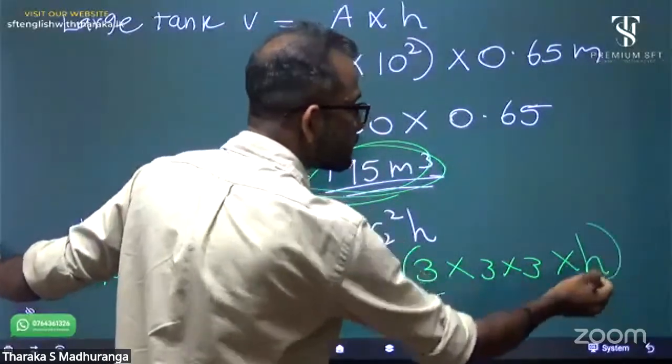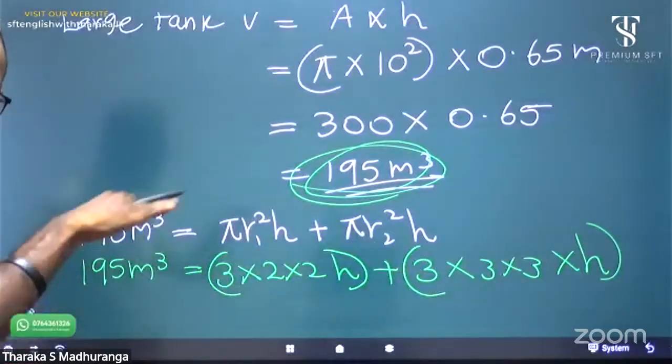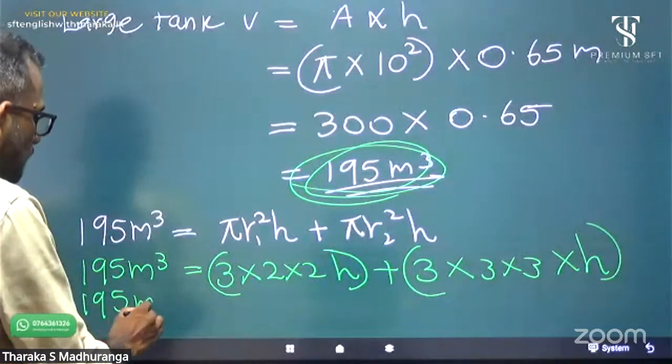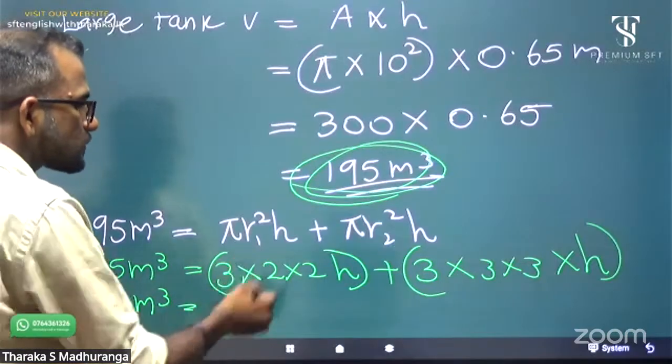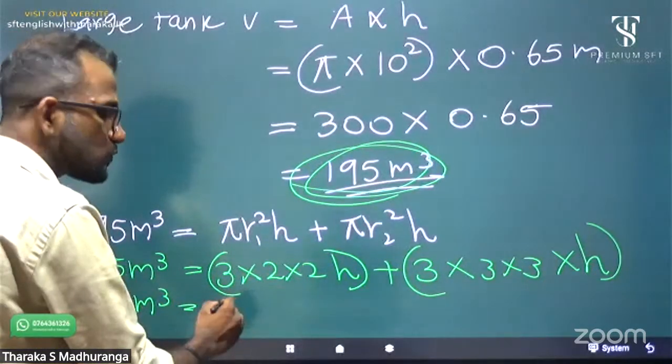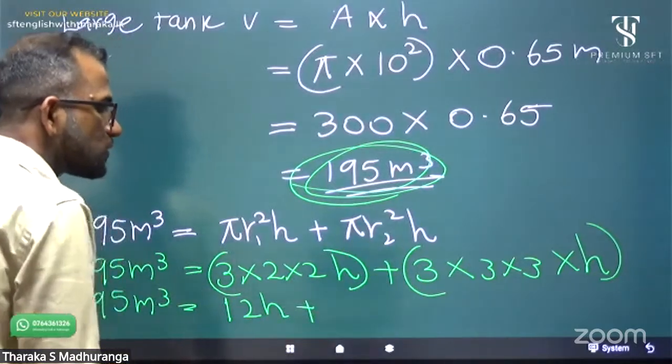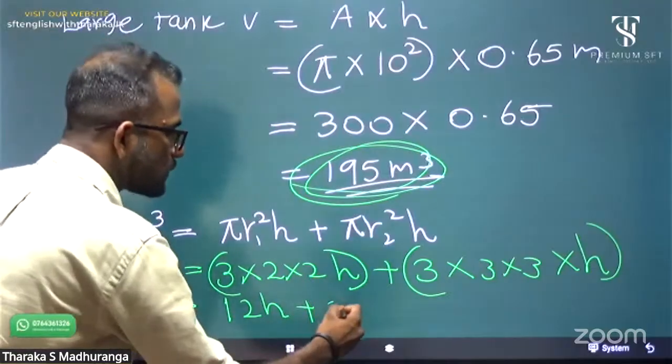Both tanks have the same h. 195 equals 6 into 2, 12 h, plus 9 into 3, 27 h.